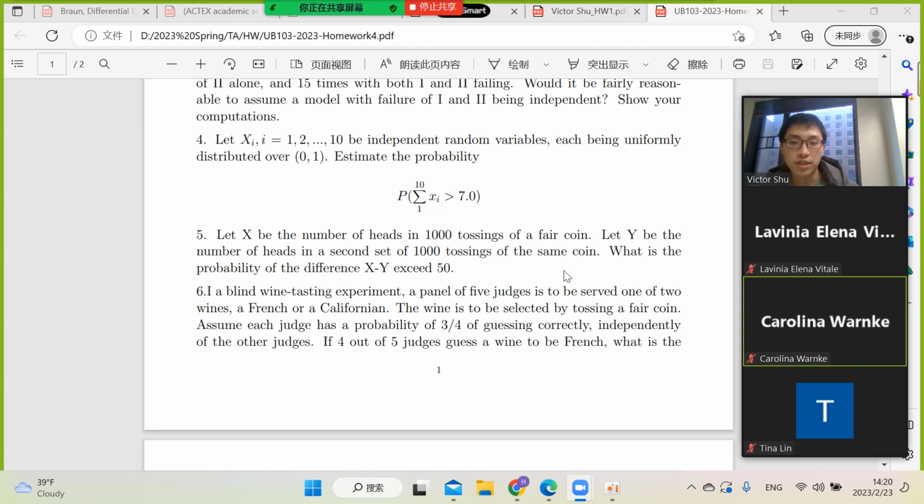So then it just asks you what's the probability of x minus y exceeding 50, and you know how to do it using the central limit theorem. The z-score is just 50 divided by the standard deviation of x minus y, and you have your calculated z-score. Then you look at the table and find the cutoff, 5%, I think.